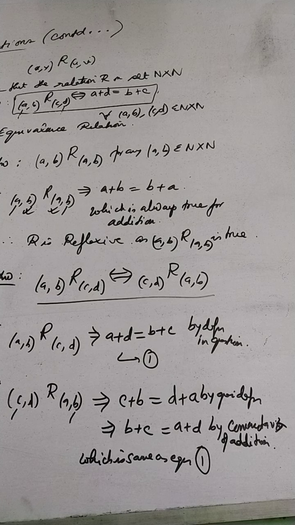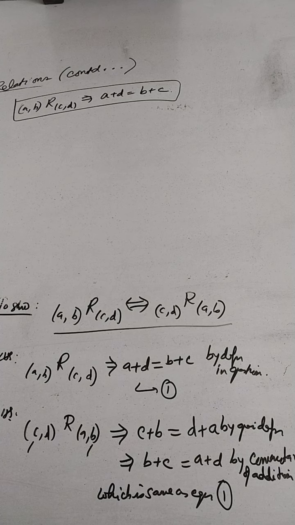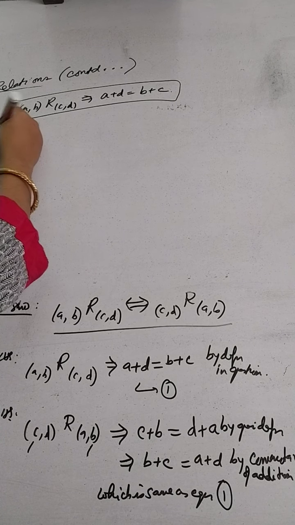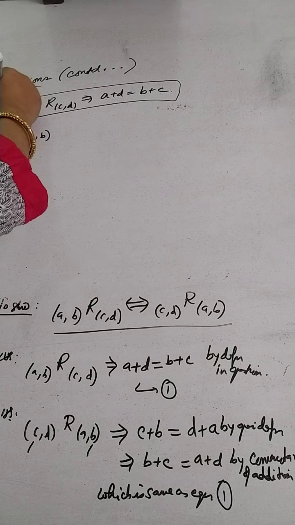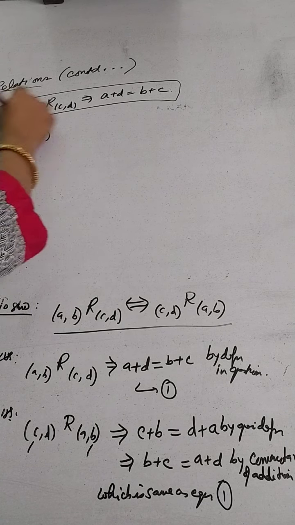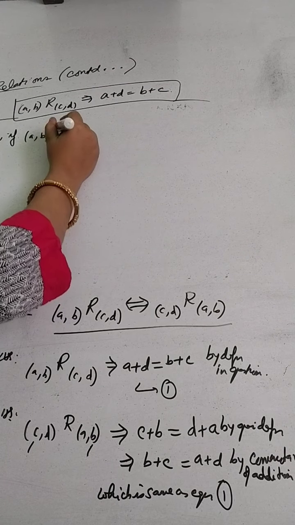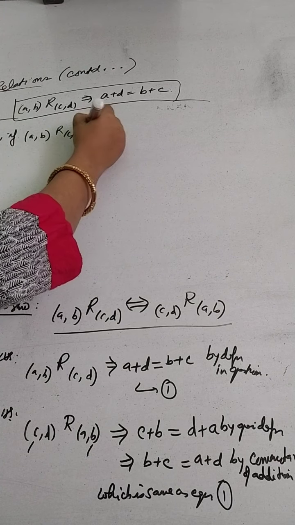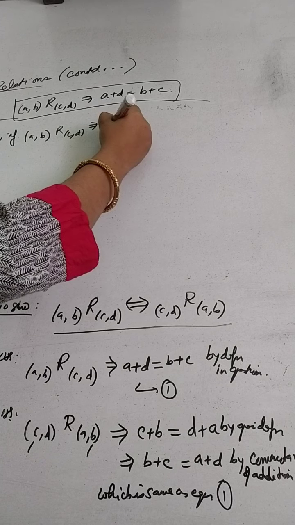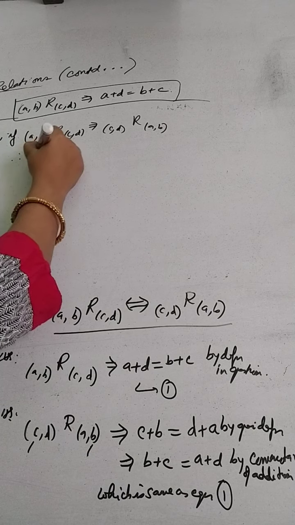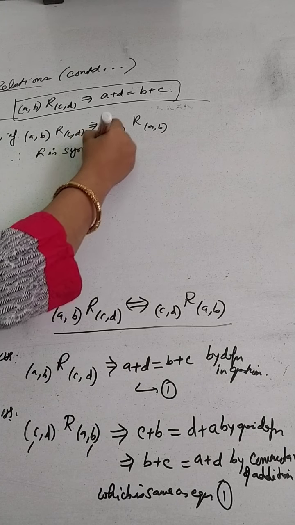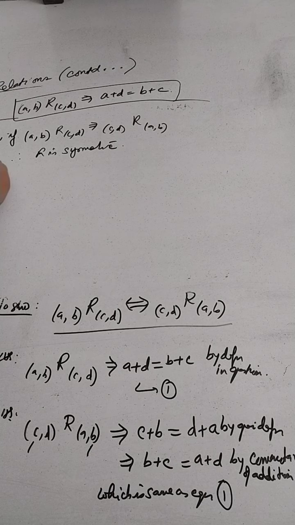So you will write that thus, if AB is related to CD, it implies CD is also related to AB. Therefore, R is symmetric. Now, subpart 3, I will show whether it is transitive or not.